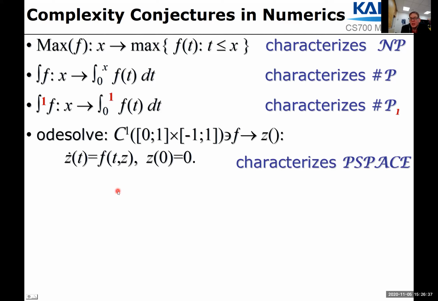That question had been open since Ko posed it in 1991 in his book. So for 20 years, and then Akitoshi Kawamura has given a positive answer to that question.